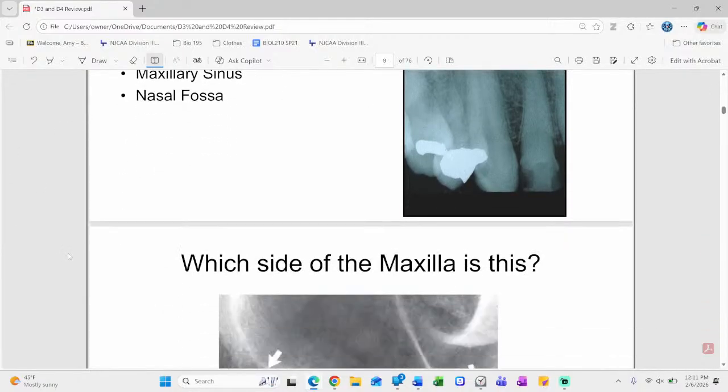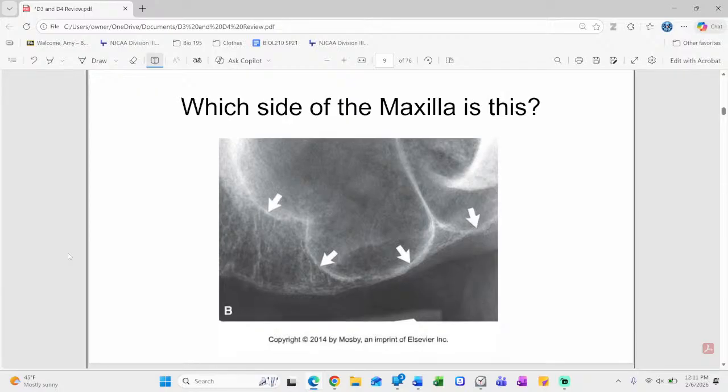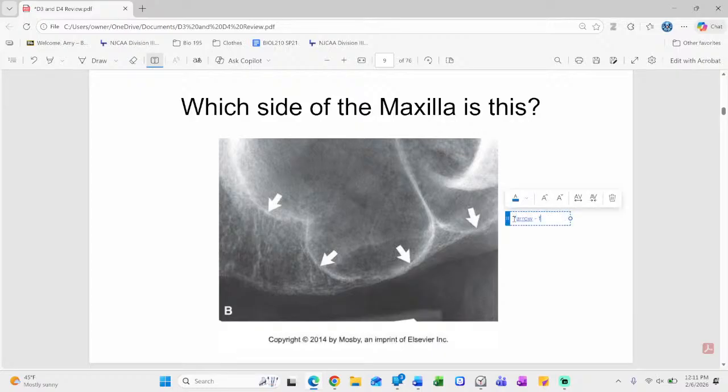What side of the maxilla are we on? There are clues here, right? So find your clues. What is this white line? Floor of the sinus, right? And of course, this is, we all know and love, zygomatic process of maxilla. So the small portion of the hook faces which way?